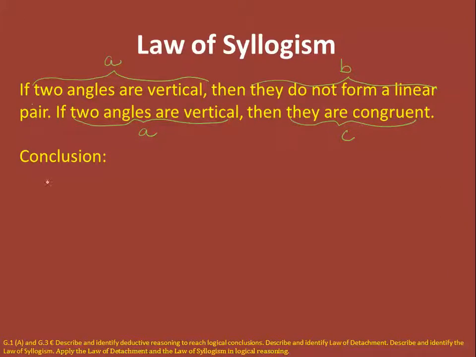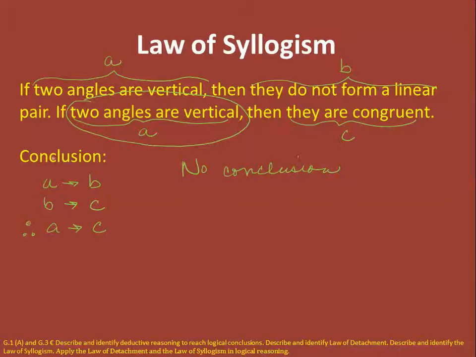Okay, let's think about it. Remember, A implies B, B has to imply C, therefore A implies C. So on this one, there's no conclusion. Let's talk about why. This phrase right here has to be the B phrase, okay?